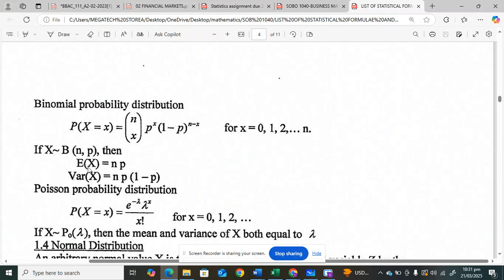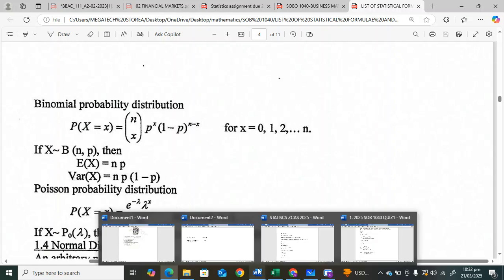For a binomial distribution, to get the mean, have you seen E(X) here? This E(X) is the mean or the expected number, and it equals n times p. n represents the number of students. p represents the probability.